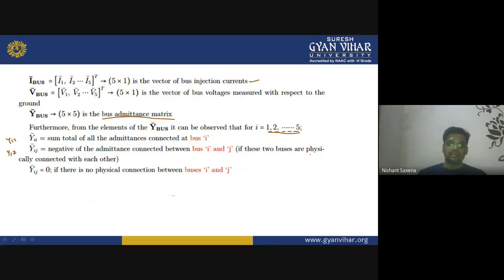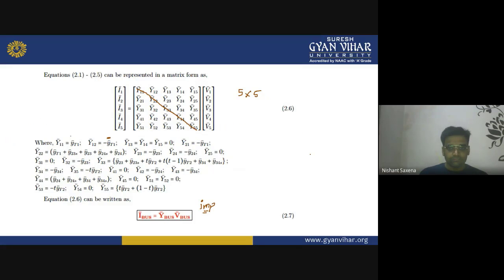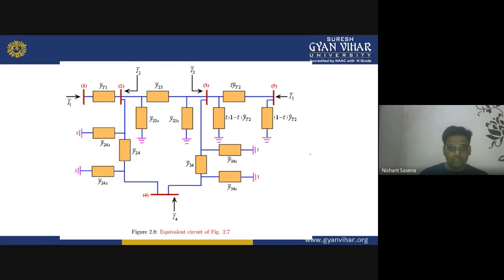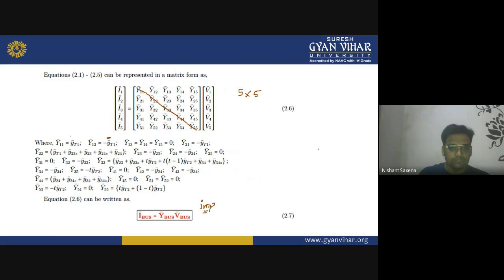If these two buses are physically connected with each other. If the two buses are not physically connected, for example, bus number 1 and bus number 5 are not directly physically connected, then the associated elements Y15 and Y51 will be equal to 0.